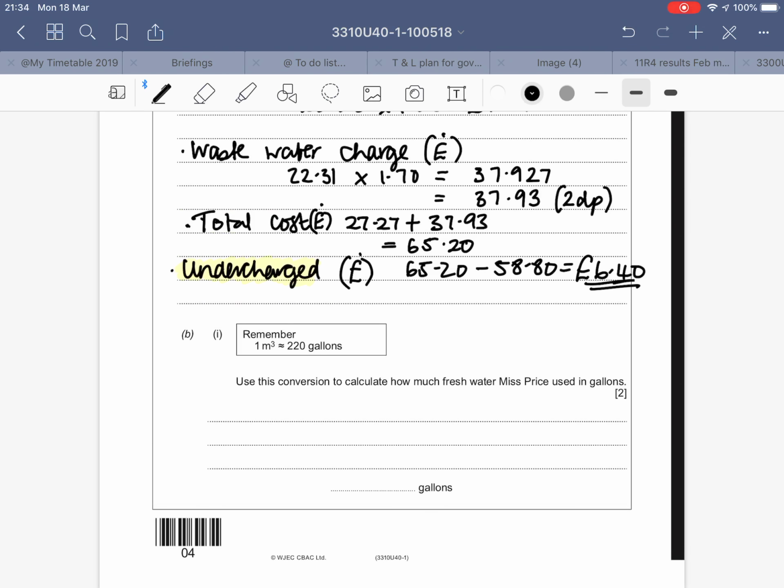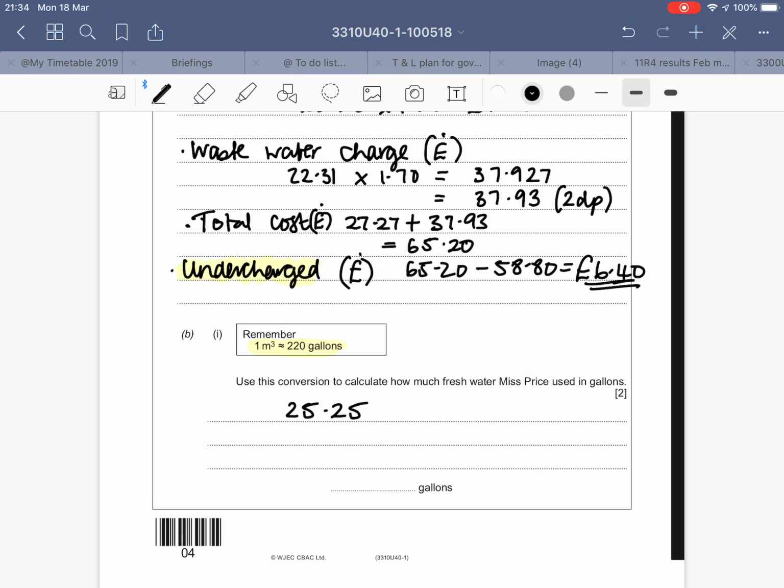Part B. Remember that 1 metre cubed is the same as 220 gallons. Okay, what are we doing with this? Use this conversion to calculate how much fresh water Miss Price has used in gallons. So the fresh water was 25.25.